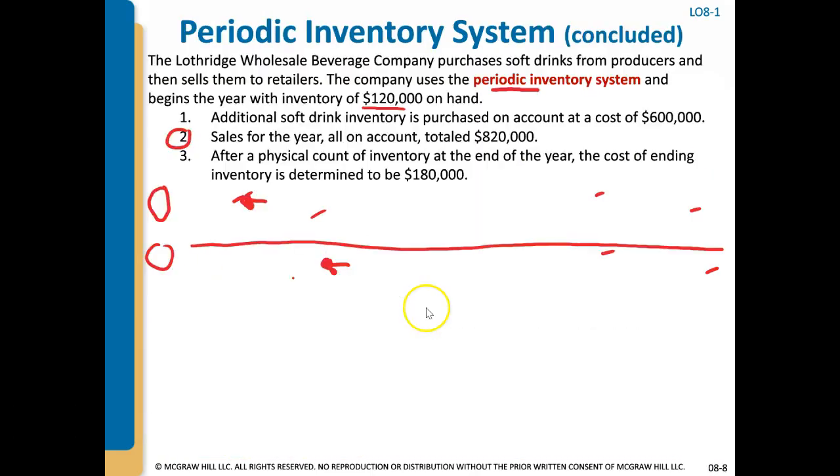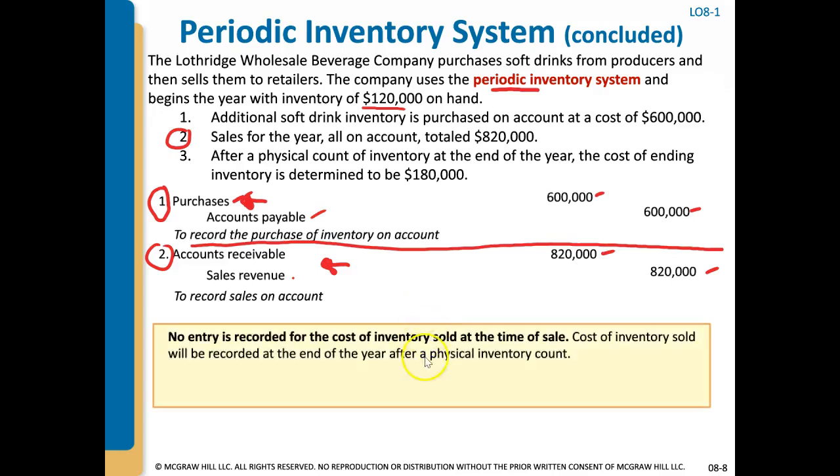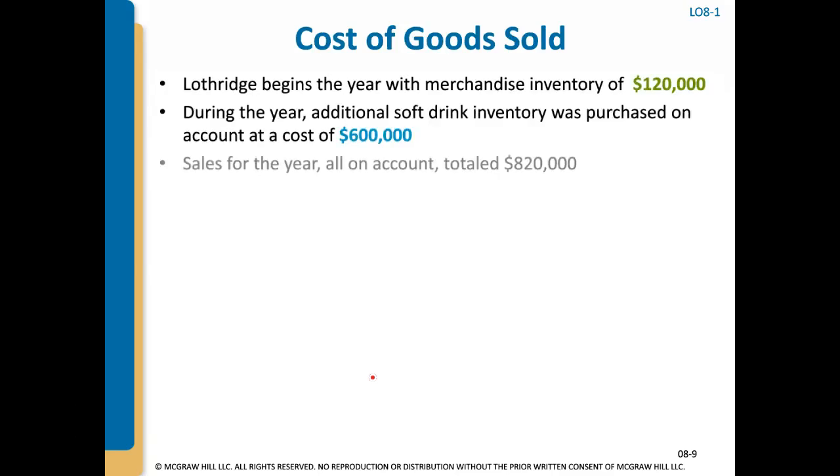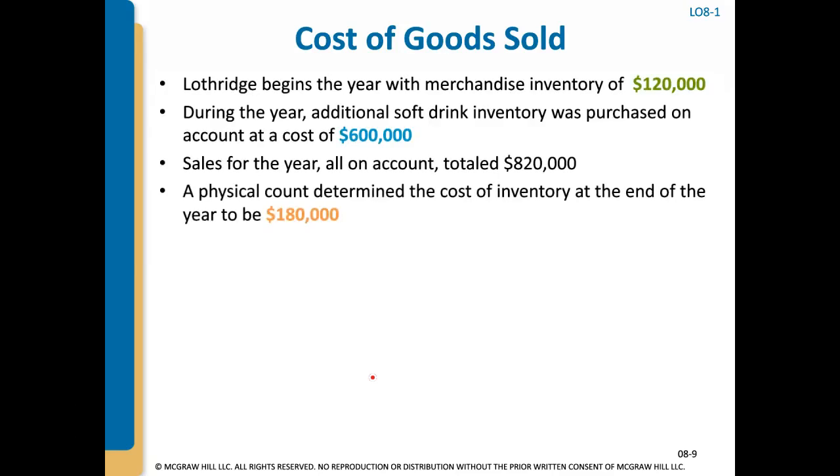But with the periodic, we do not, because we do not update our inventory and cost of goods sold at the time of sale. Those things are done at the end of the period, which in this example is the end of the year, and we are told that the cost of the ending inventory is $180,000. So now we have to calculate the cost of goods sold under this periodic inventory system.